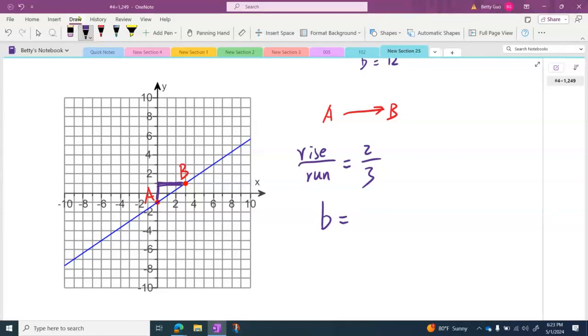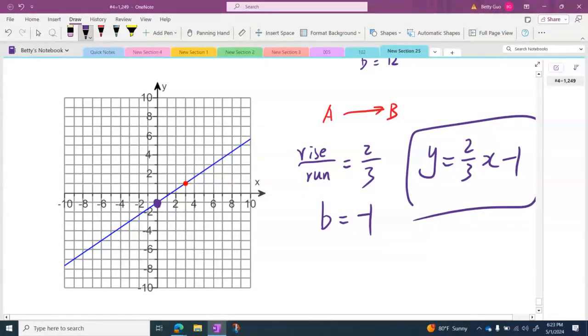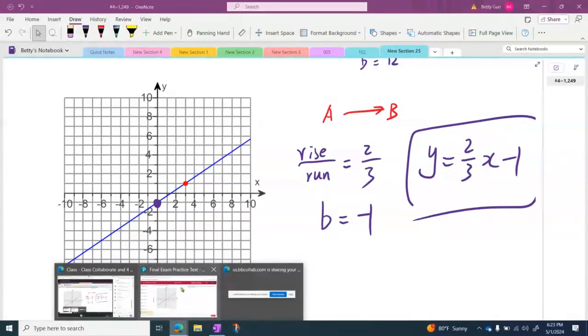Y-intercept is (0, -1), as you can see right here, this red dot. So b value is -1. So the equation in slope-intercept form is going to be y equals 2/3 x minus 1. You're going to type exactly this in the cell.